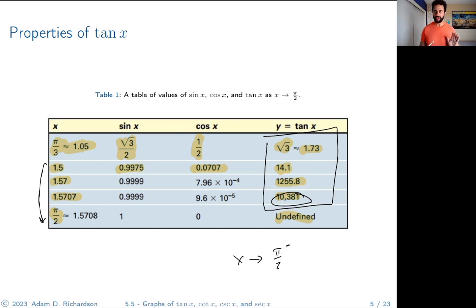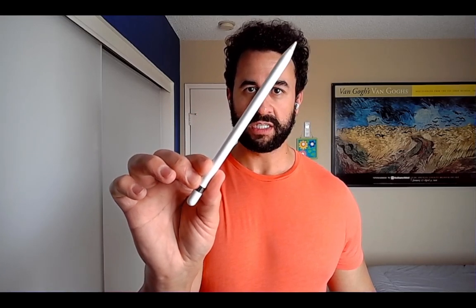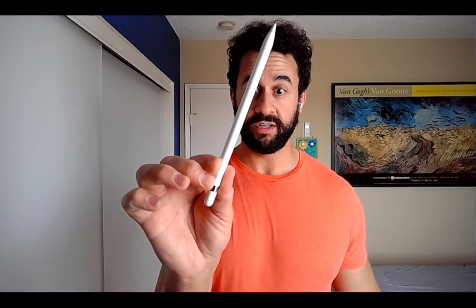And again, you should always be asking for some kind of intuition with these types of things, right? This makes sense because if you think about the slope of this line, the slope of the line that is my Apple Pencil. Here, maybe I'll do this actually. Think about the slope of this line. As the line tips upward, the slope gets larger and larger and larger until it's gigantic.